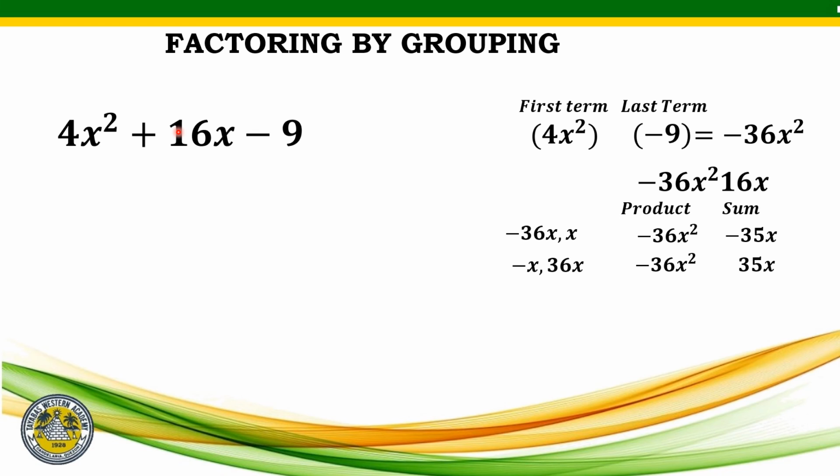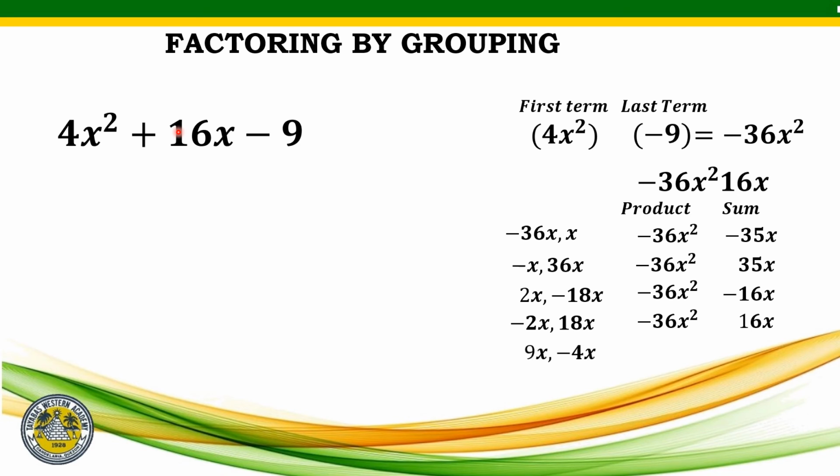Kapag pinag-add, positive 35x. Next is 2x times negative 18x. So, negative 36x squared ang product. Ang sum is negative 16x. Negative 2x and 18x. Negative 36x squared ang product. Ang sum ay positive 16x.